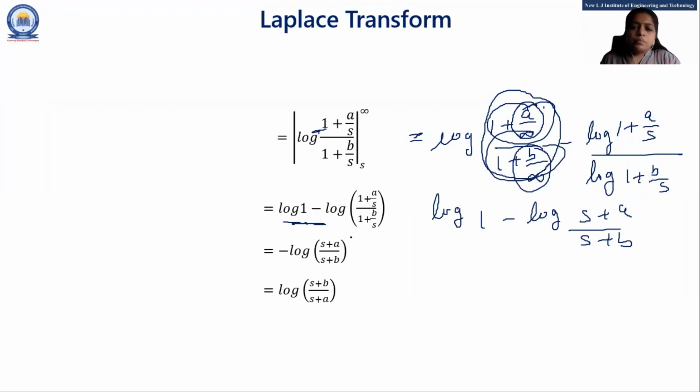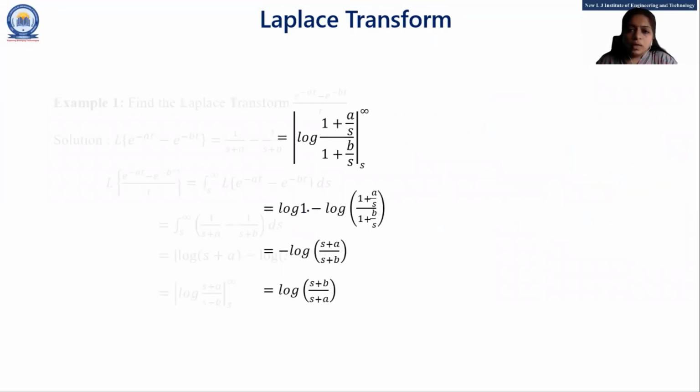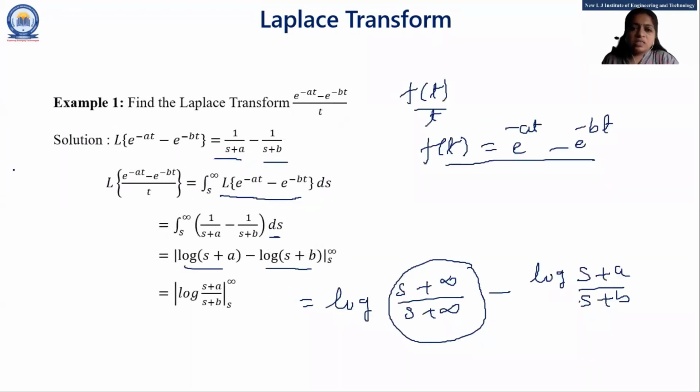So if I interchange the numerator and denominator, then this minus sign will be removed and our final answer is log of s plus b upon s plus a. So in this example, first we have to find the Laplace of the numerator. Then for the upon t, we have to apply the integration with the limit s to infinity with respect to s. Then we have to do the integration of both terms separately.